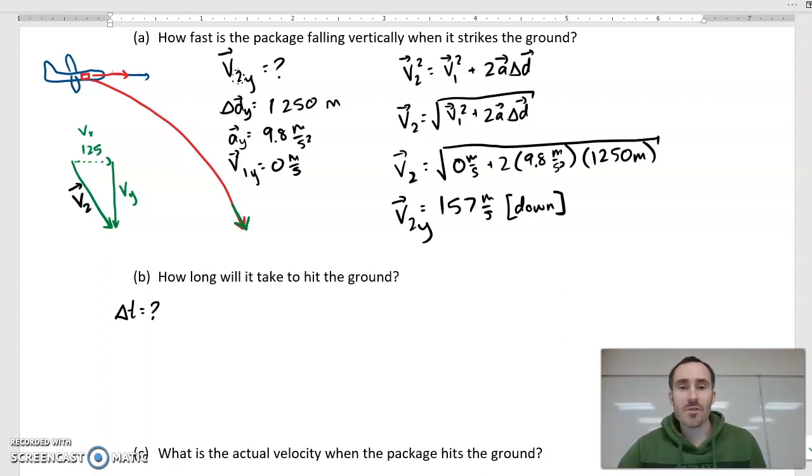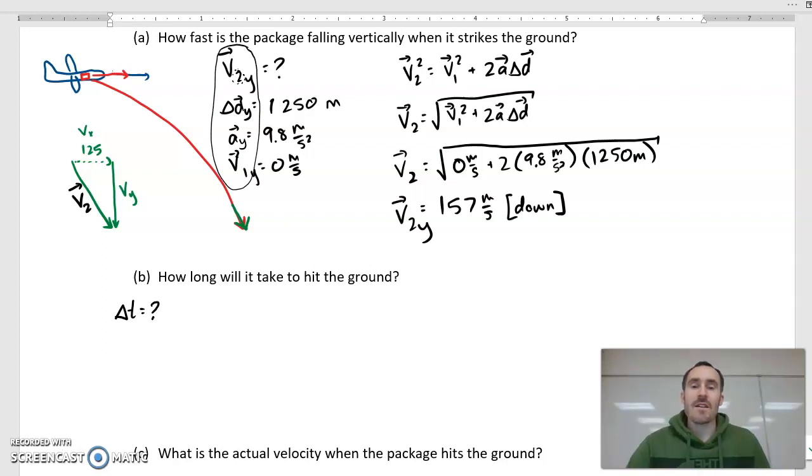The timer starts when the cargo bay doors open, and the timer stops once it touches the ground. So we're trying to solve for change in time, and we still have access to all of these things as well.